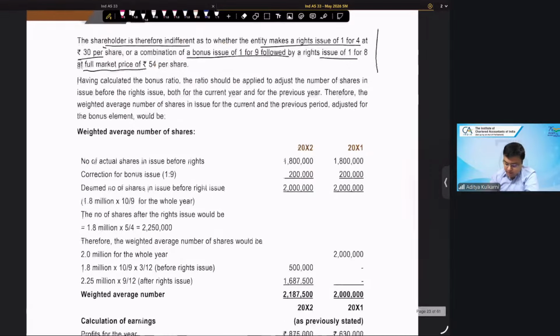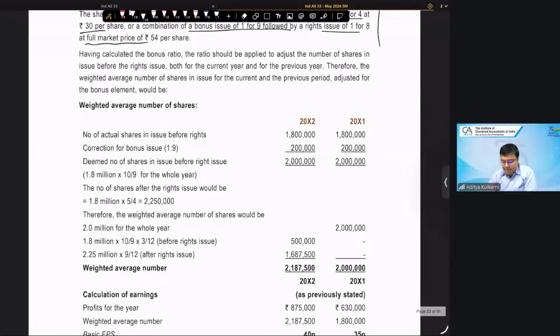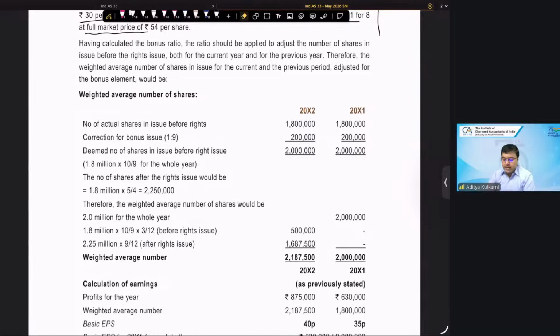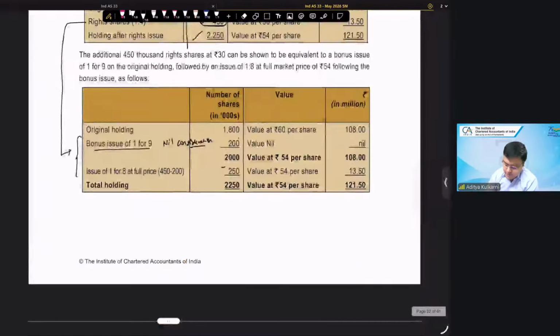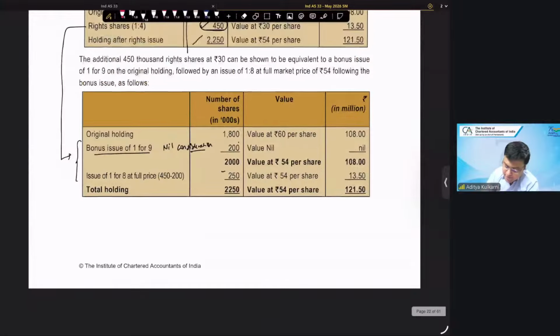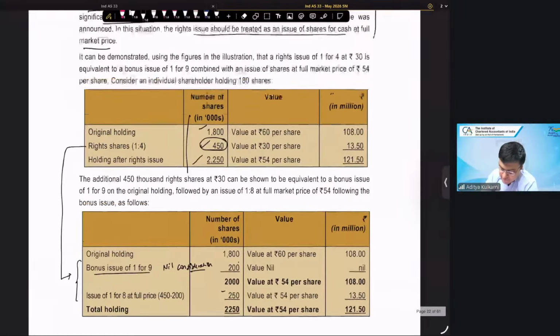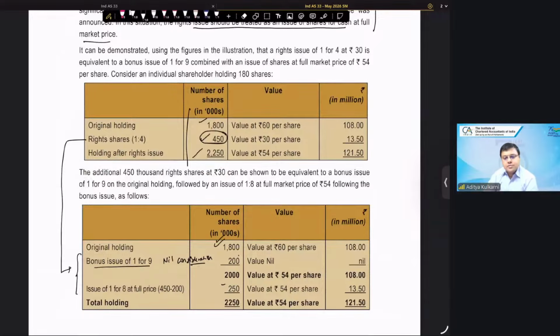All right. Now, when I calculate the weighted average number of shares, how do I do that? See, for the previous year, I am having 1,800 shares, correct? This is right from the beginning of the reporting period, yes or no?